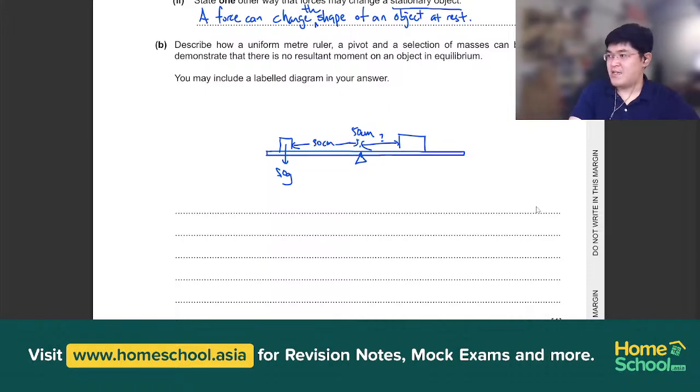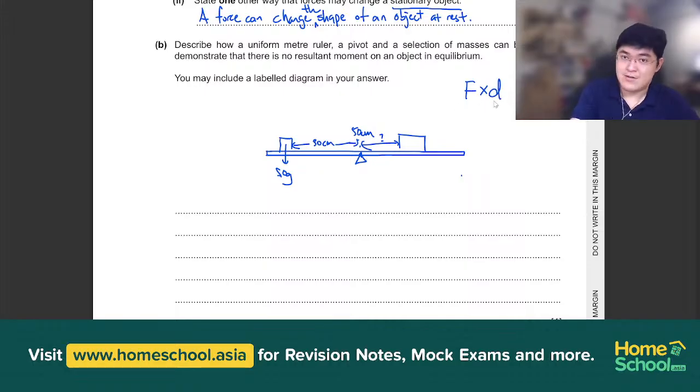Okay, now we take the moment of force on both sides, which is simply force, basically the force exerted by the mass over here, multiplied by the perpendicular distance to the pivot, which is d.